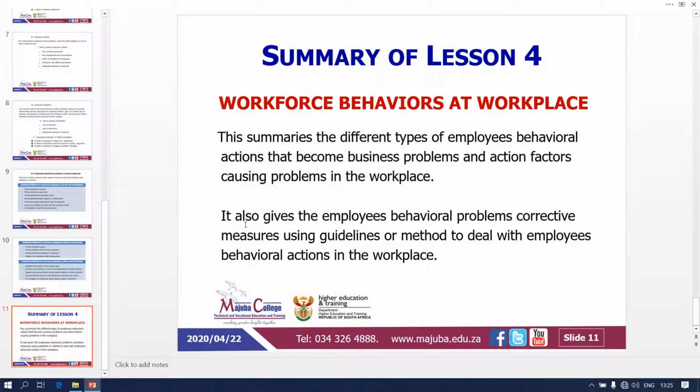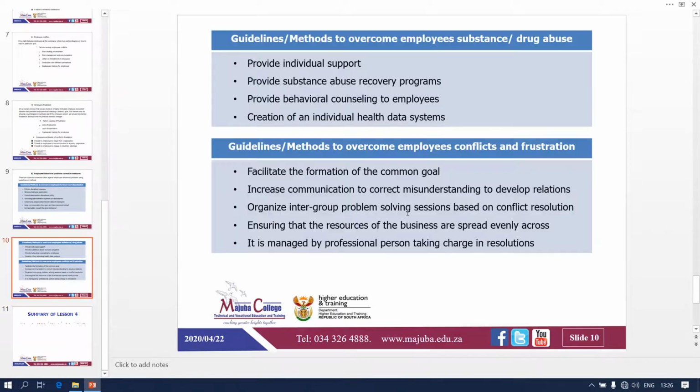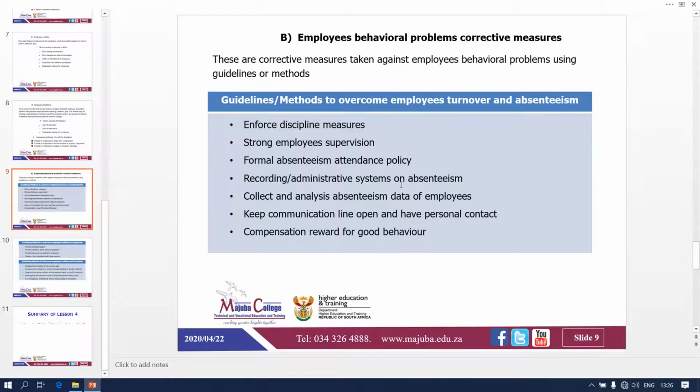It also gives the employees' behavioral problems corrective measures, using guidelines or methods to deal with employees' behavioral actions in the workplace. Right, let's go back. We covered the methods to overcome conflict and frustration, the methods to overcome substance or drug abuse, the methods to overcome employees' turnover and absenteeism.